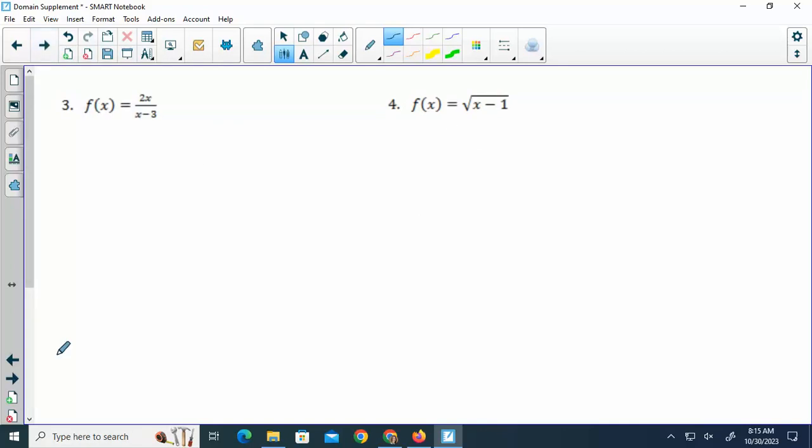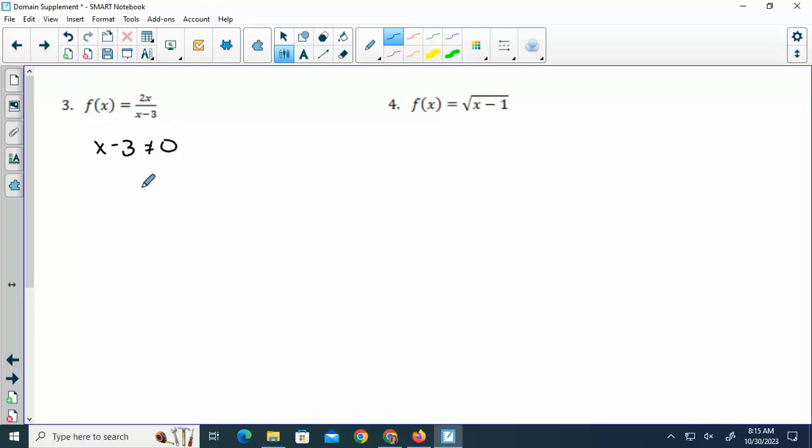Alright, let's look at this. F of x equals 2x over x minus 3. Do we have a fraction? In a fraction, we know the bottom, the denominator, cannot be 0.